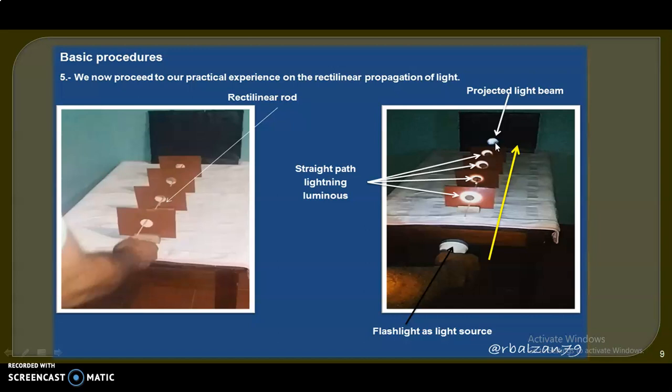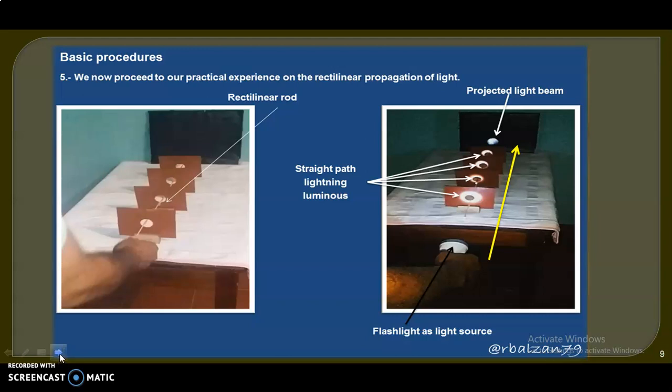You can see here, look at the cursor that I'm showing here. And this demonstration shows that light is traveling in a straight line through the holes made in the board. And this arrangement we generally do in our schools to demonstrate the rectilinear propagation of light.